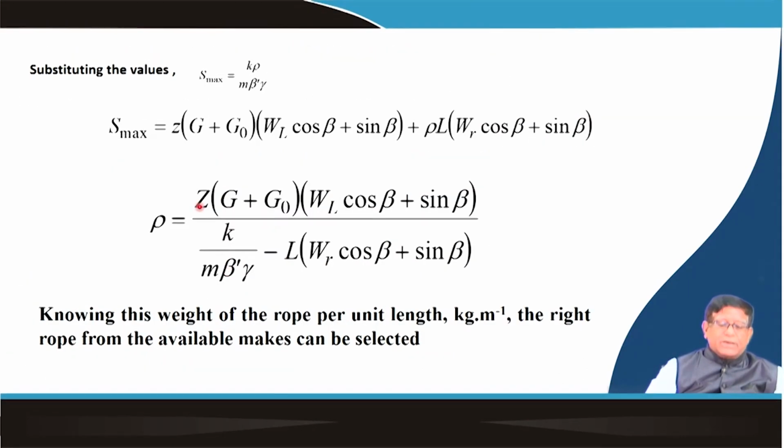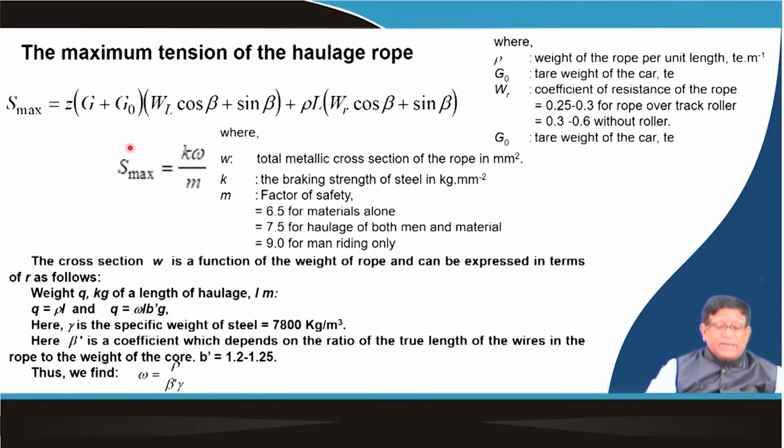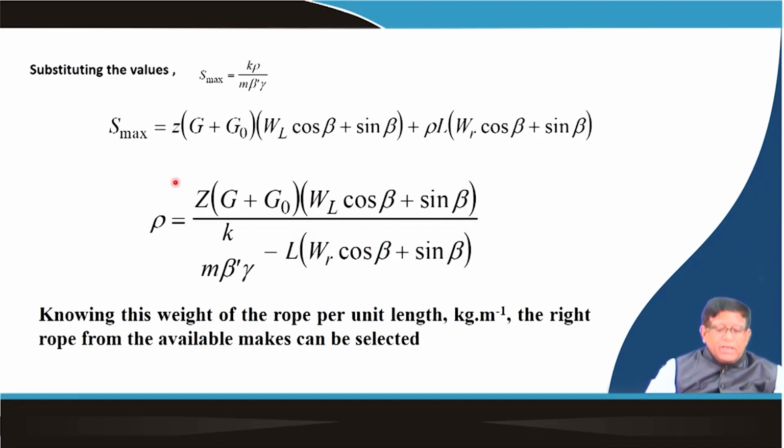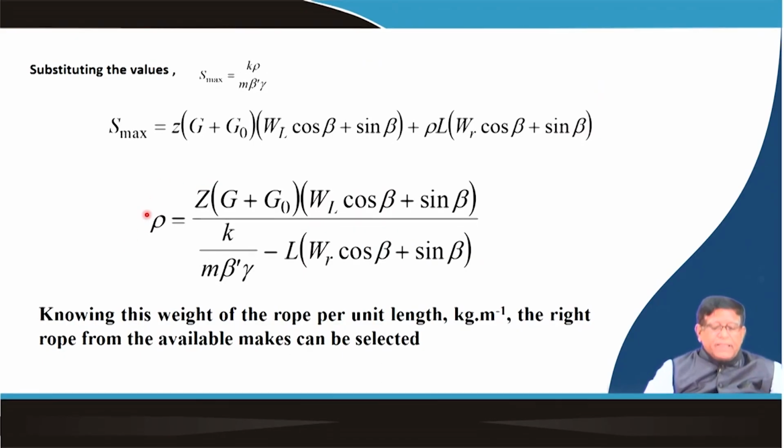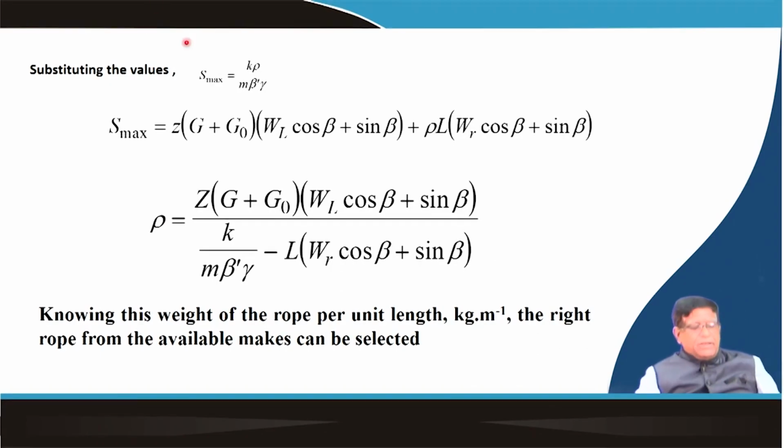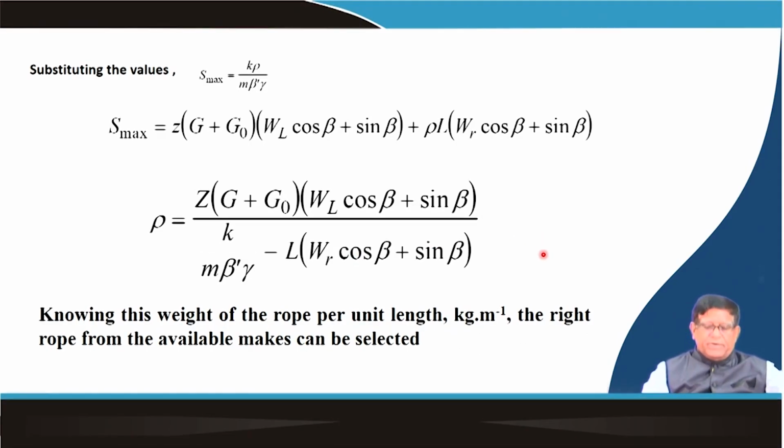So, that means from knowing the maximum tension over here, you will also know the weight per meter of the rope, because this will ultimately contribute to the motor power required.